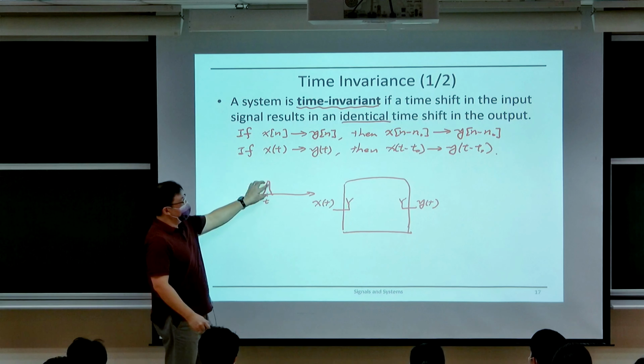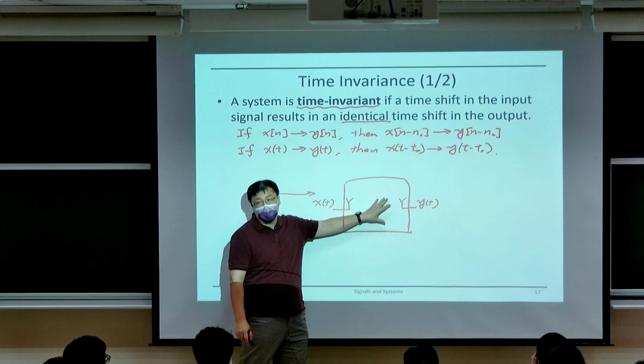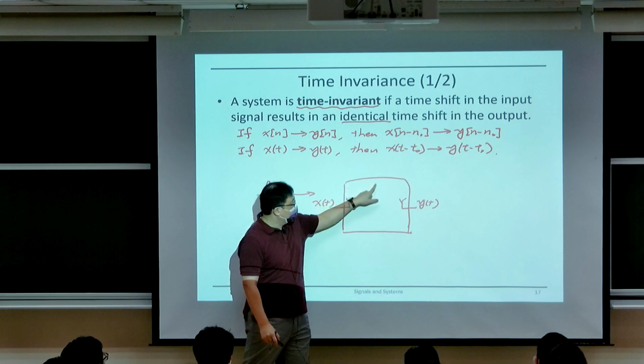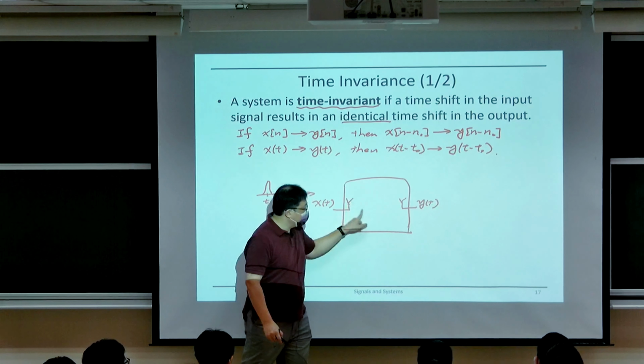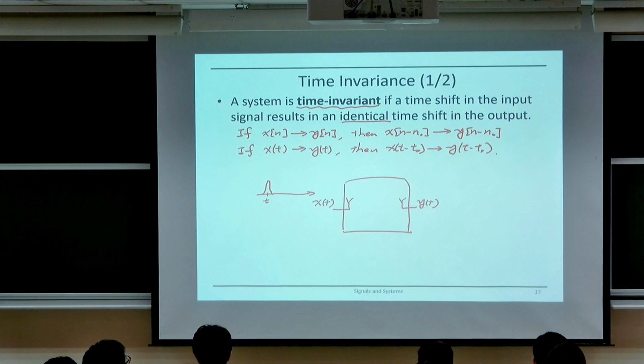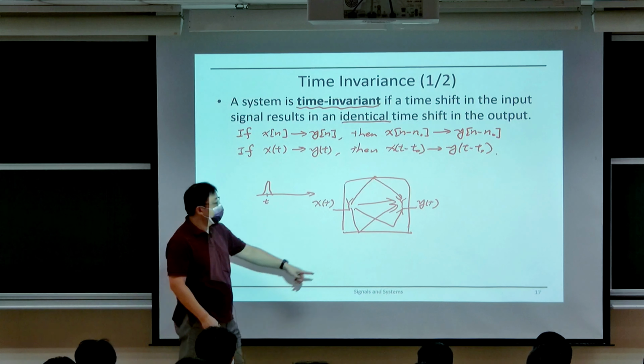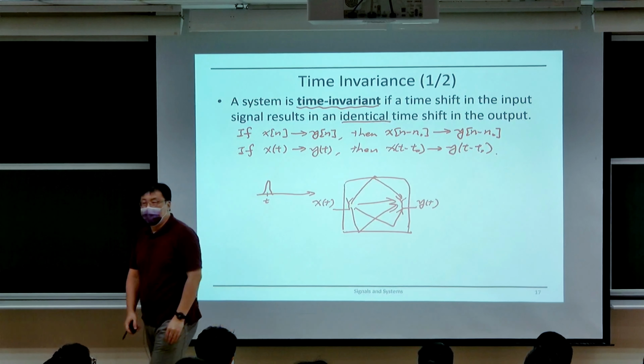So suppose you insert this pulse at time t, and then inside this chamber, the signal may go through different reflections to arrive at the receiving antenna, okay? So you may have the signal going through different reflections, okay, or even with line of sight towards the receiving antenna, okay?